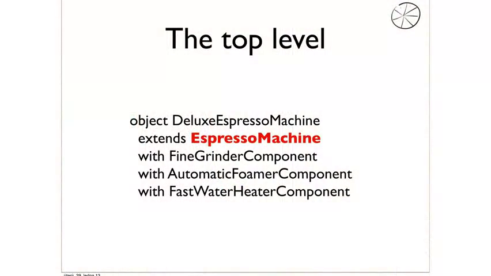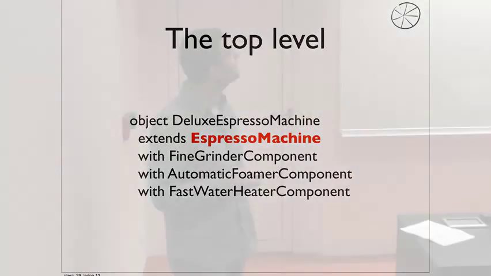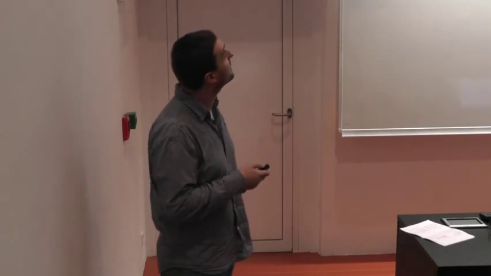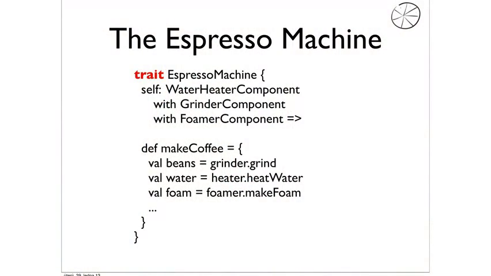Then the other part is the top level trait of the espresso machines. That's the thing that declares what components we need to use, and we will take a look at that right here. The espresso machine is a trait. A trait in Scala is something between an abstract class and an interface in Java.